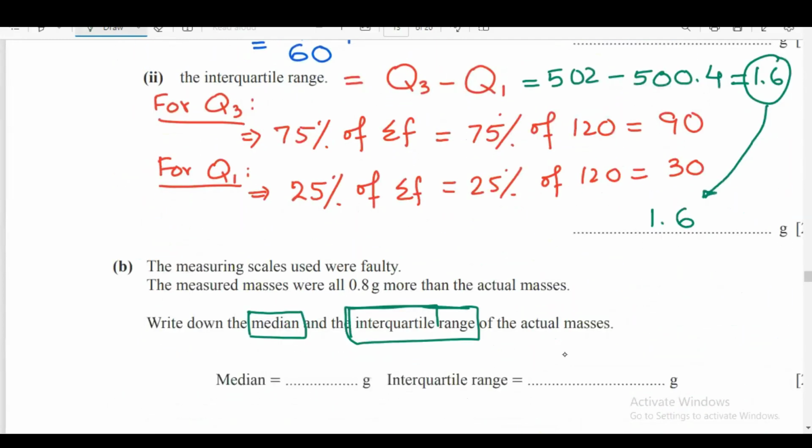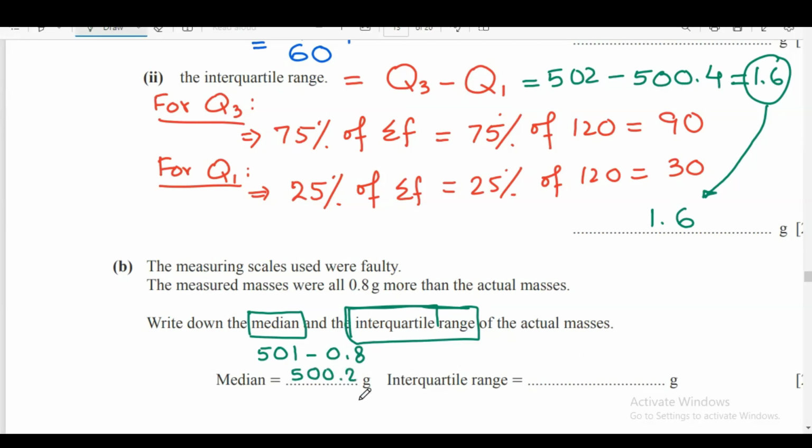The median was 501. We subtract 0.8 to get the actual value: 501 minus 0.8 is 500.2. The actual median was 500.2.